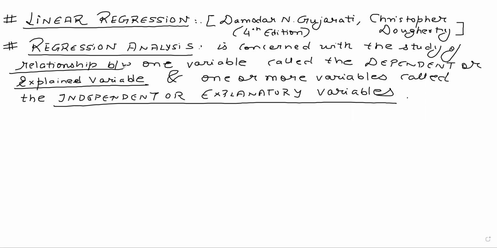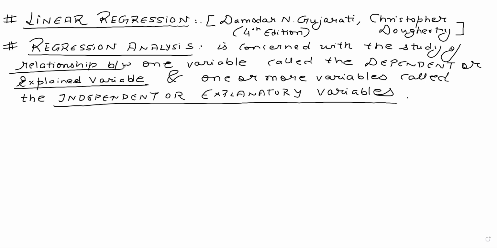Now, in this case, price is causing changes in demand. But when I look at the regression analysis, I am not commenting on what is causing changes in demand. I am commenting on what is the relationship between demand and price. So you need to understand this.